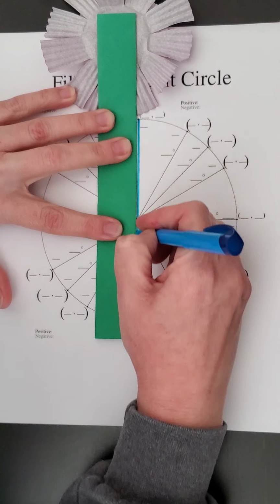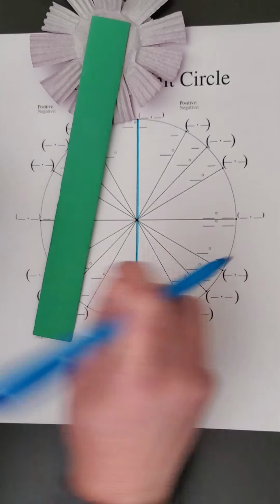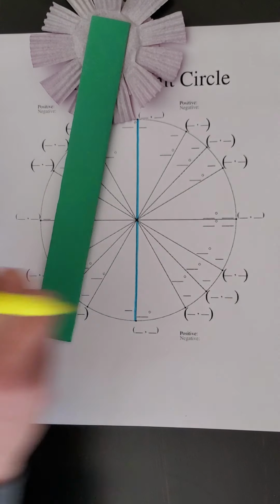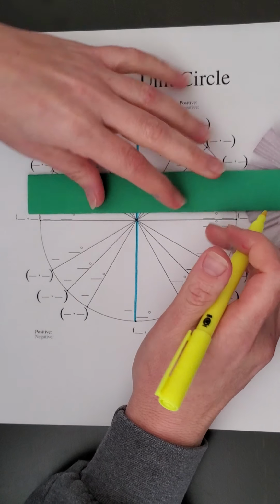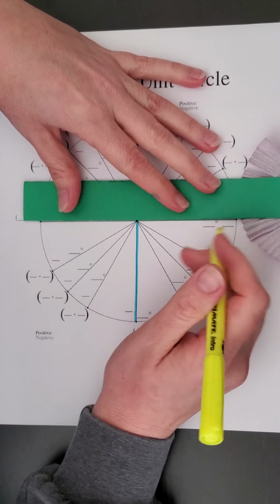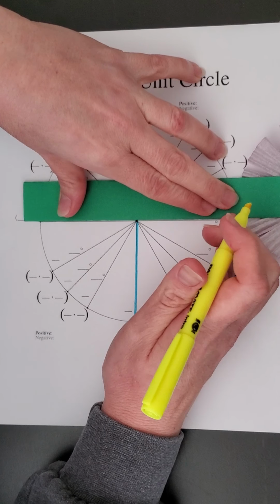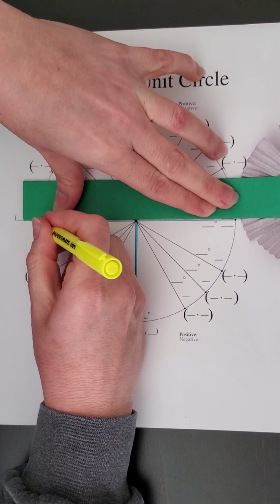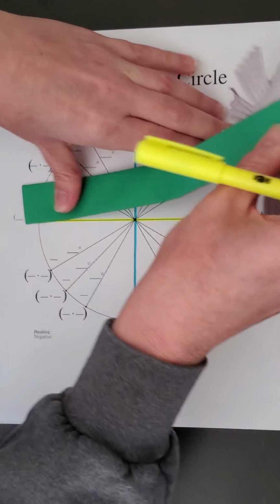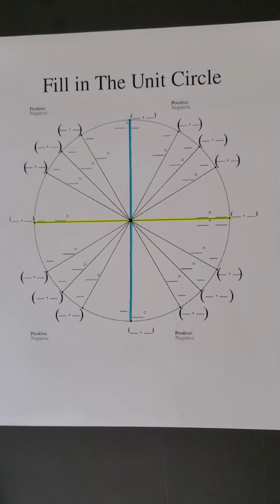So here's my y-axis, and maybe I'll do my x-axis in a different color. Here's my x-axis in a different color. Okay. So there are my x and y-axis.